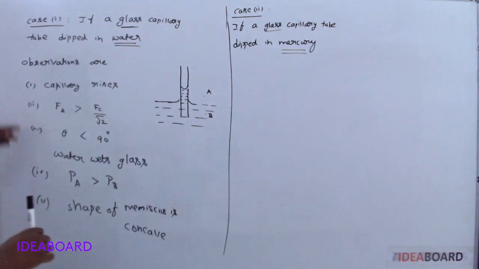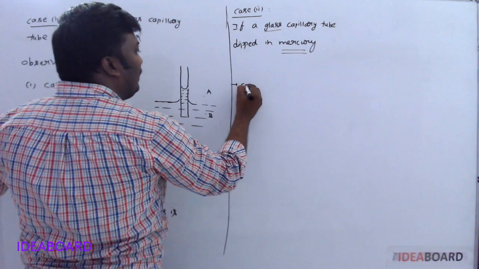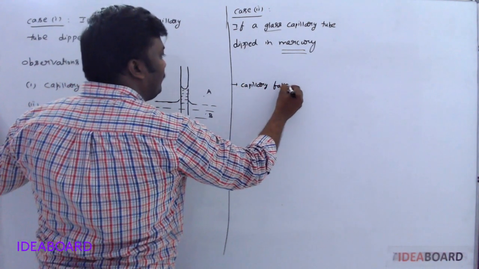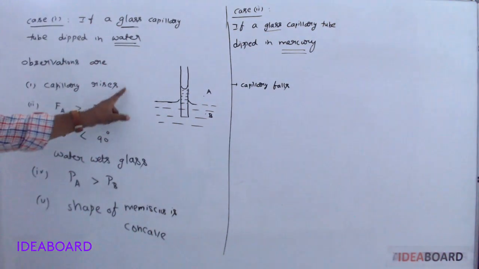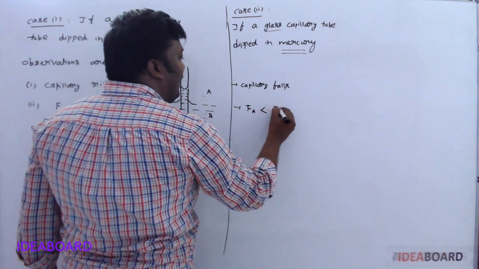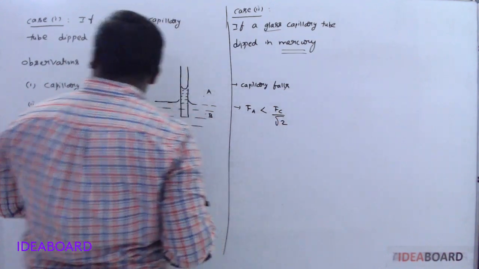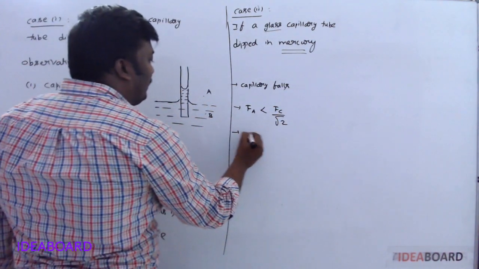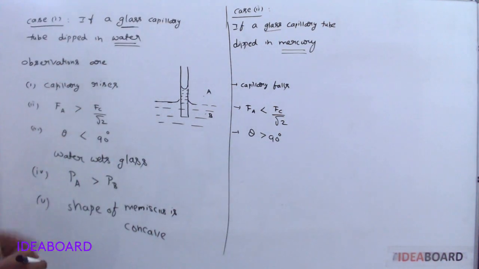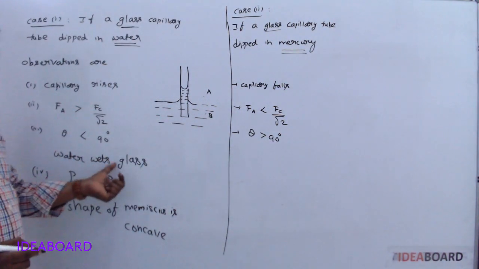Then the observations are, the first one is capillary falls. Second one, adhesive forces are less than the cohesive forces. Third one, angle of contact is greater than 90 degree. That's why here water wets glass.